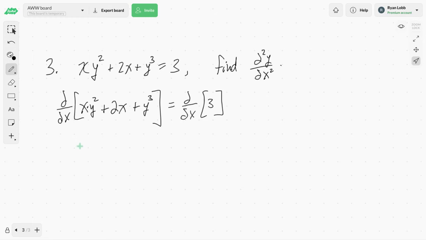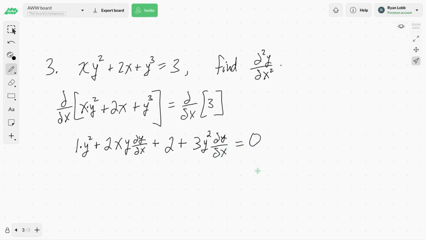The derivative of x, 1 times y squared, plus x times the derivative of y squared with respect to x. So that's going to be 2y dy/dx. Plus the derivative of 2x with respect to x is just 2. Plus the derivative of y cubed with respect to x is going to be 3y squared dy/dx. And then equals over here 0, the derivative of 3.